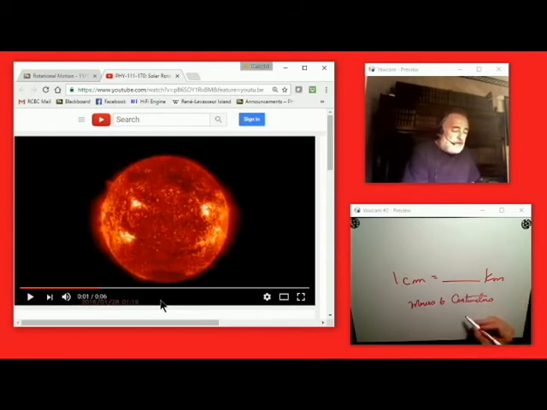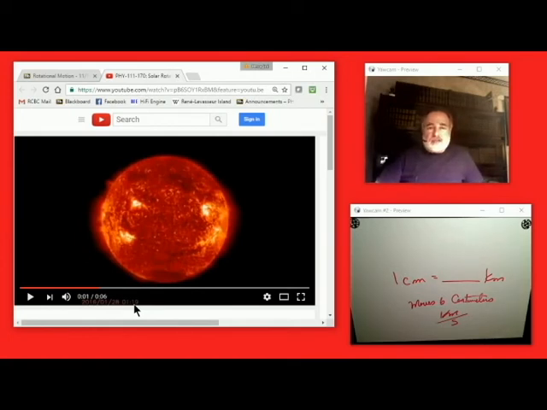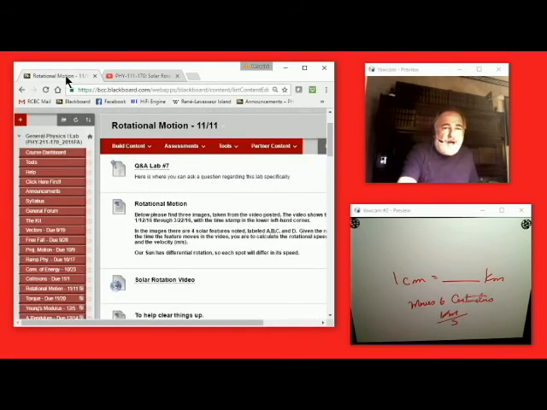Then you know the distance roughly in kilometers, because you know 1 centimeter equals a certain amount of kilometers based on your scale. Once you know the kilometers, you check how much time has passed using the timestamp at the bottom here, and you get kilometers per second. So that's how you measure kilometers per second for a given spot.